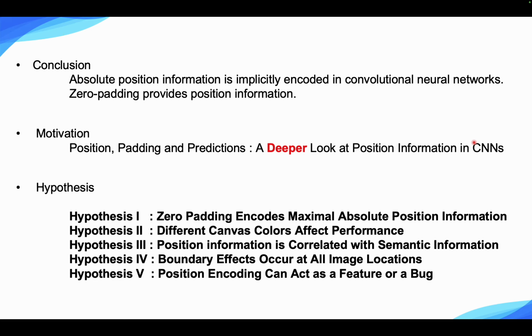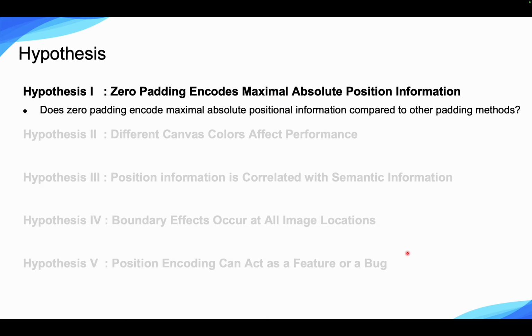So now let's get to the point. This paper mainly extends the previous one with a deeper discussion and analysis. They propose several hypotheses, and let's dive into each hypothesis one by one. First of all, does zero padding encode maximal absolute position information compared to other padding methods?